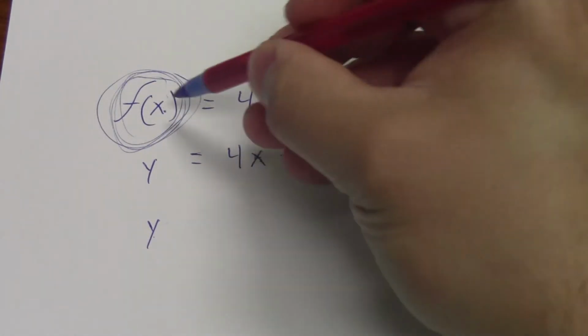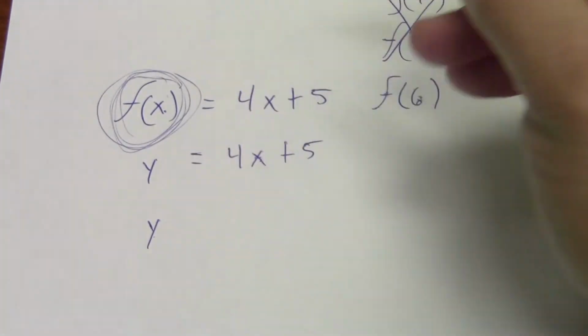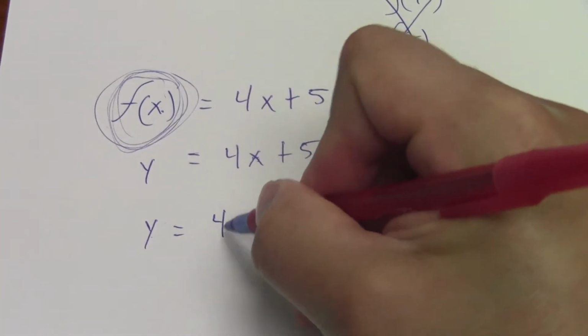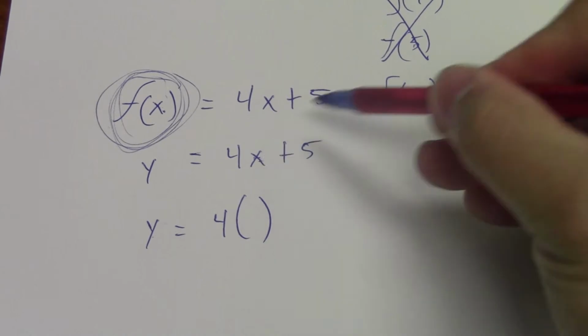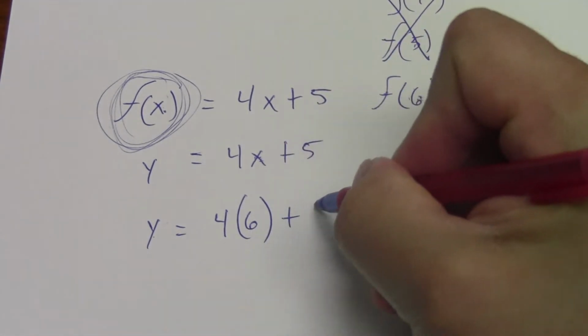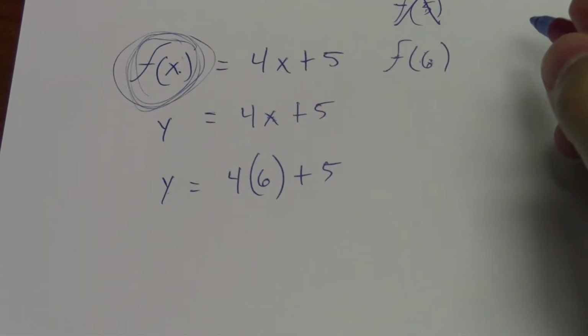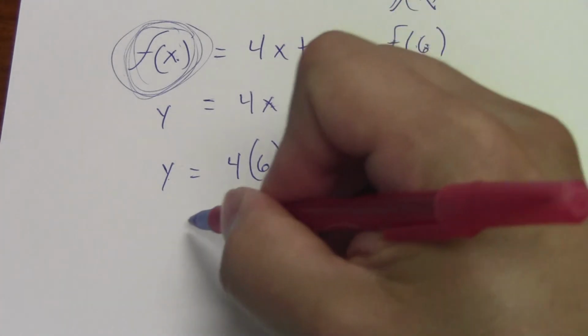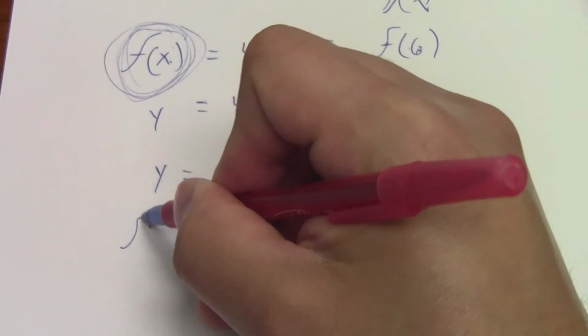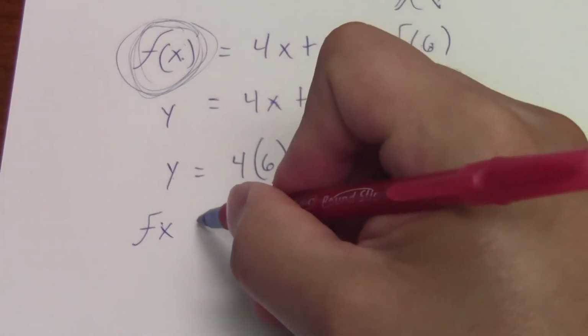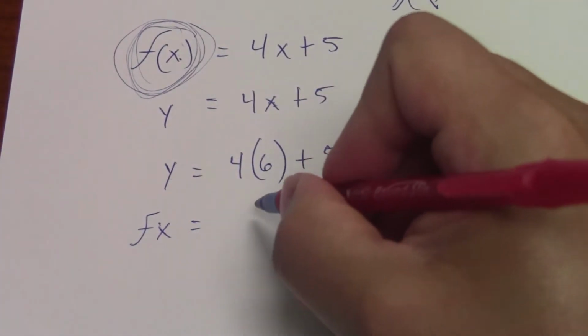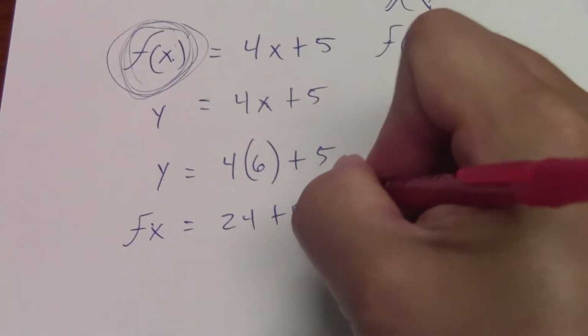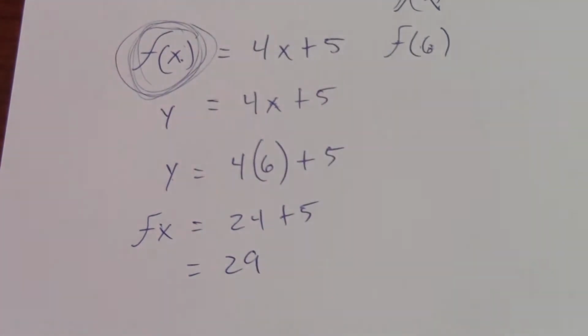It's the same thing. You can write the f of x if you want, is equal to 4, and I'm going to replace this x with 6 plus 5, and then I just solve. So f of x or y or whatever is equal to 24 plus 5, which is equal to 29.